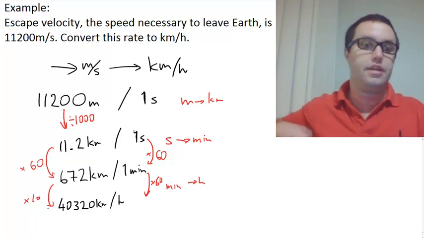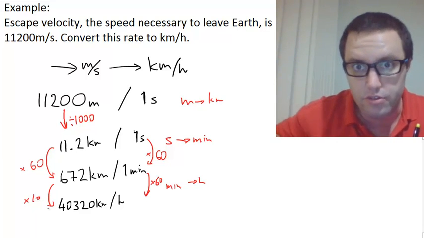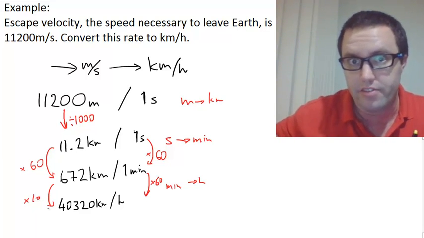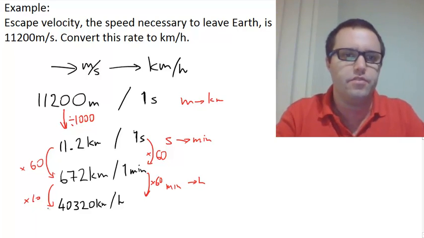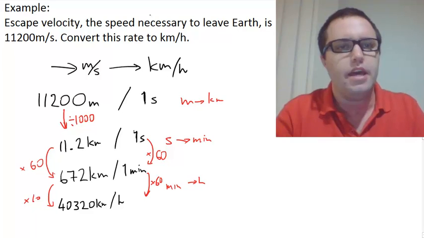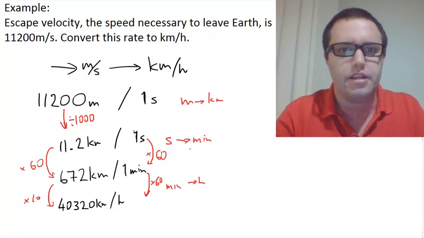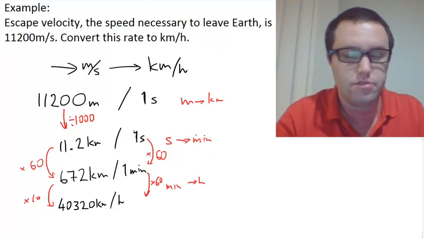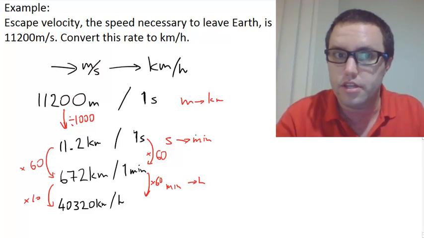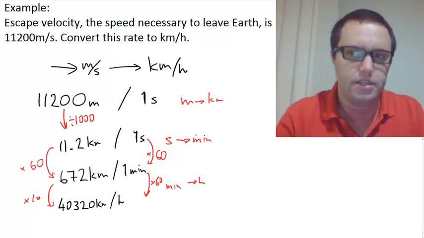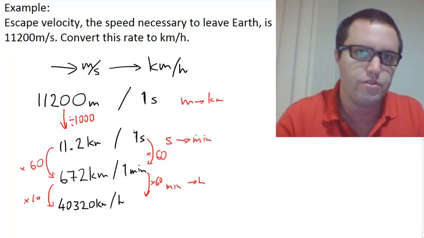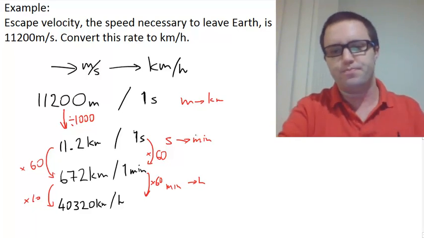Okay, so that's the speed that you need to go to leave Earth's gravitational pull, which is pretty fast. So yeah, a little bit of a long process there. And there is some extra stuff that we might look at in class called dimensional analysis, which will help you to do these rate conversions really easily. But you can work your way through it using logic as well.